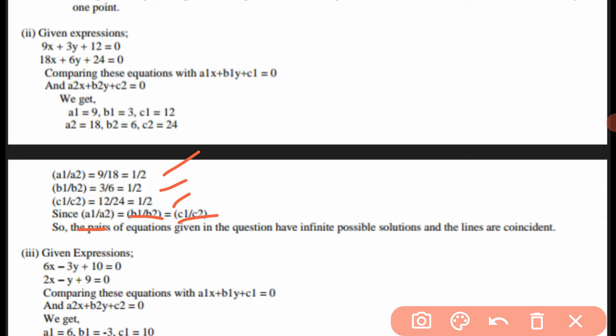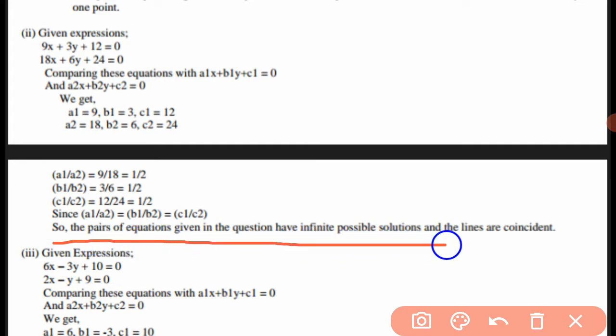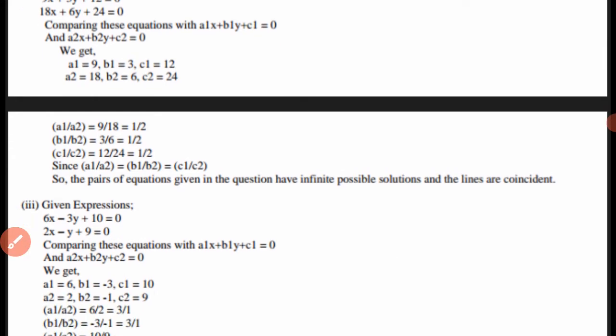When these are equal, the pair of equations given in the question has infinitely many solutions, and the lines are coincident, meaning the lines coincide with each other.